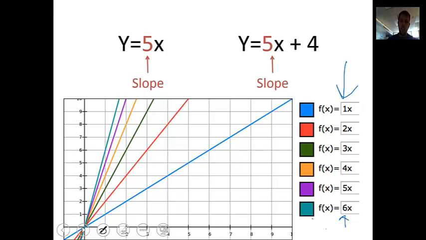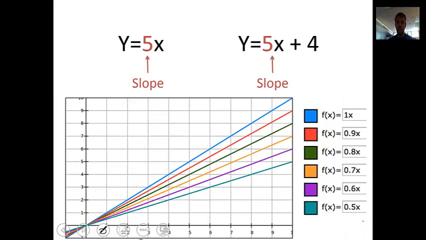So these become steeper. That is the correct vocabulary. It becomes steeper. But as soon as you change it and ask them to go down, so instead of having 1 it goes down, the line starts to become flatter. So it all depends on what is being multiplied by that x.